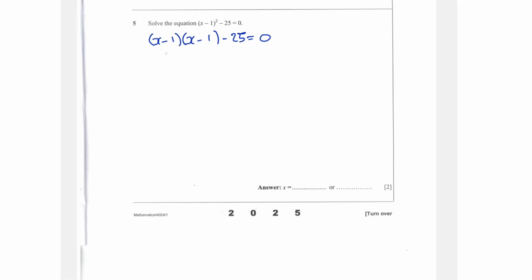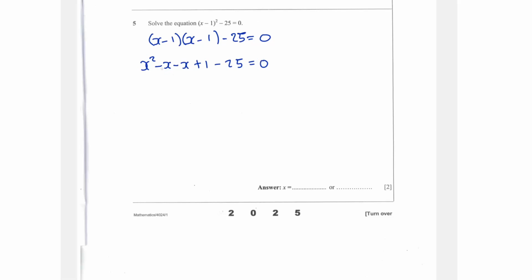So x multiplied by x, what you have is x squared, and then x multiplied by negative 1, what you have is negative x, and then the negative 1 multiplied by x, what you have is negative x, and then the negative 1 multiplied by negative 1, what you have is just positive 1, and then minus 25 equals 0.